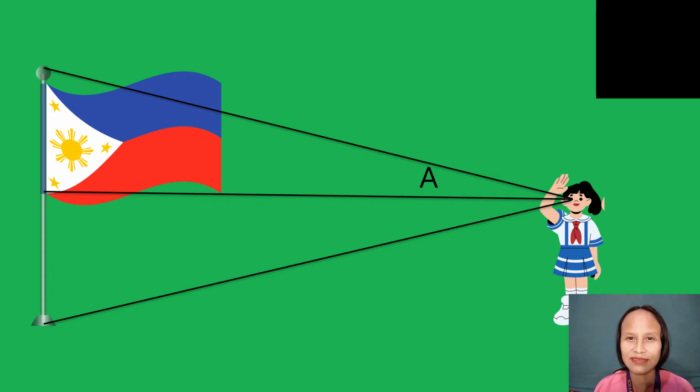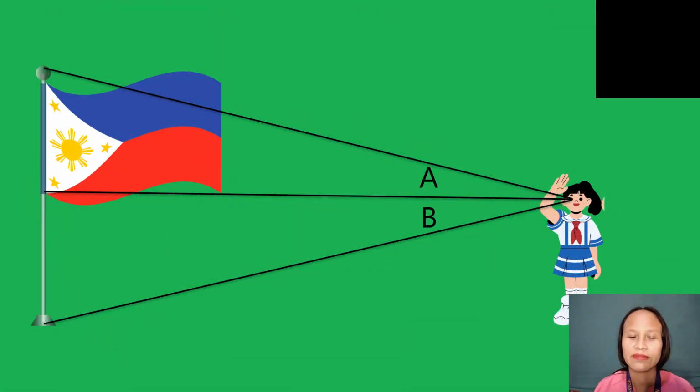And again, we will have angle B. What is angle B? 5, 4, 3, 2, 1. Time is up. So let's check your answers.